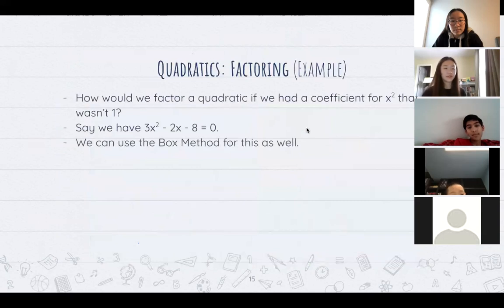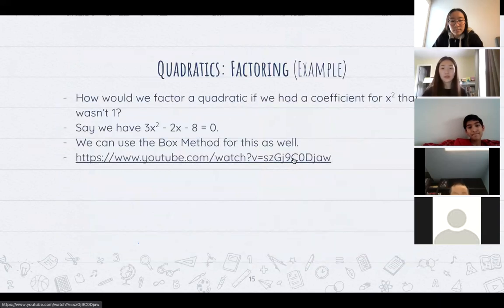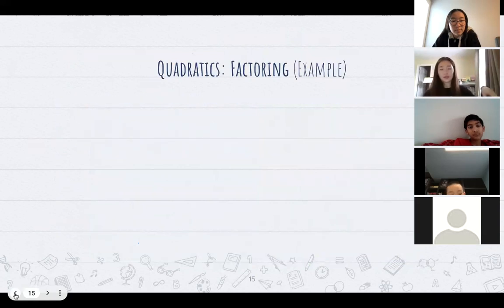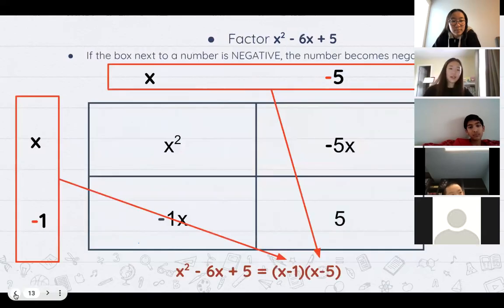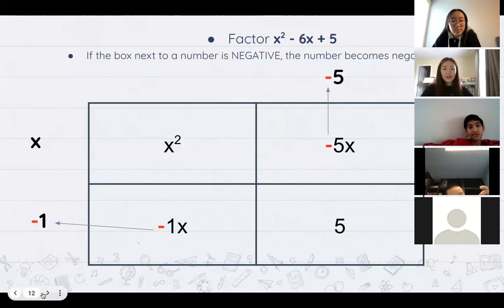Once you've found the greatest common factors, what do you do with them? You wrote them at the top and on the side, right? Then you look at the box that each is next to. The top x is next to the x squared box, and the 5 was next to the negative 5x box.